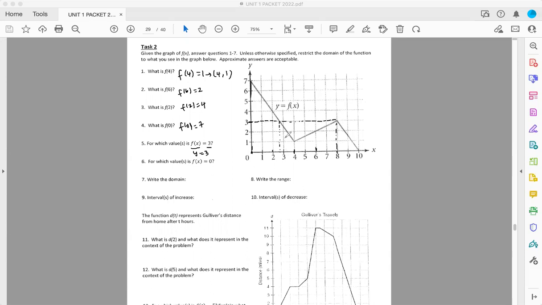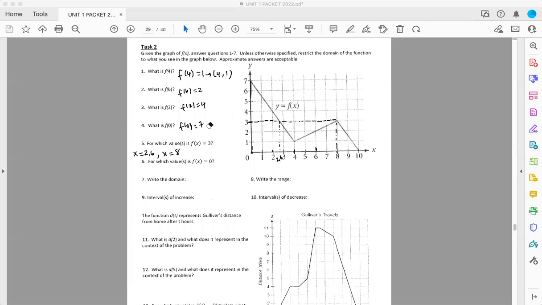Here I'm going to say it's not 2.5 exactly, I would say 2.6, or 2.7, something like that. So this value here is 2.6, and it has a y value of 3. And this value here, 8, has a y value of 3. So for which values, you can say x equals 2.6, and what else? You can put comma 8, or you can say also x equals 8, either way.